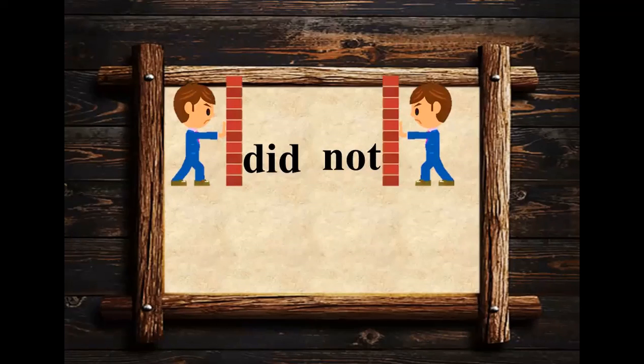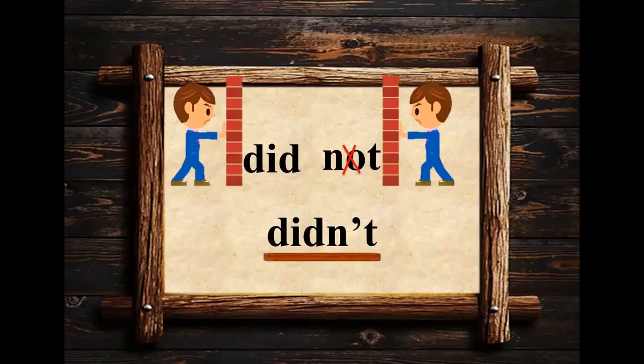Here again, in order to make the contracted form of these two words, we remove the letter O and join them up together, and we get the contraction didn't. And the place of the missing letter will always be taken up by an apostrophe. Okay? And while you contract two words, the meaning of the word does not change.